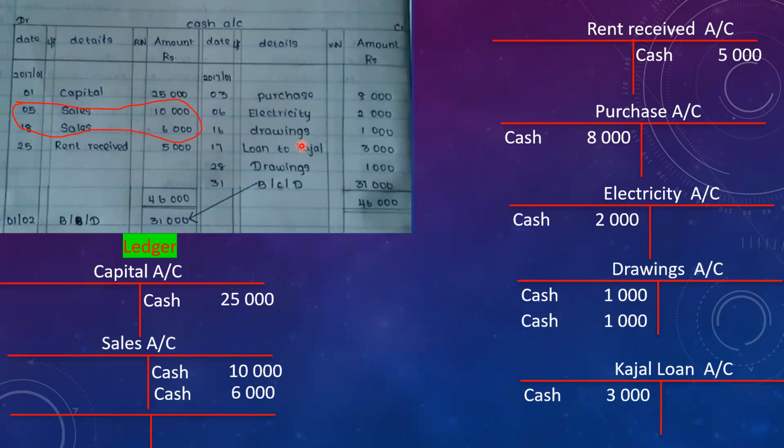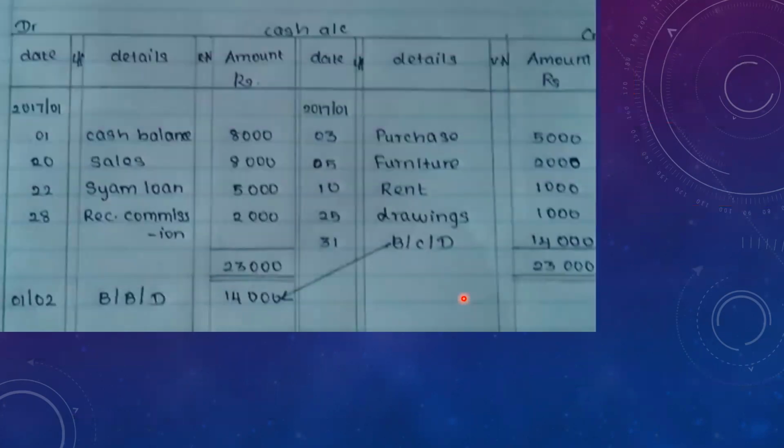Right. Let's come to another question. Here we go. Next question. Can you prepare the ledgers quickly? You will be given only 10 minutes. Let's start now. A point I have to tell you: under the ledger, you have a cash balance over here, right?